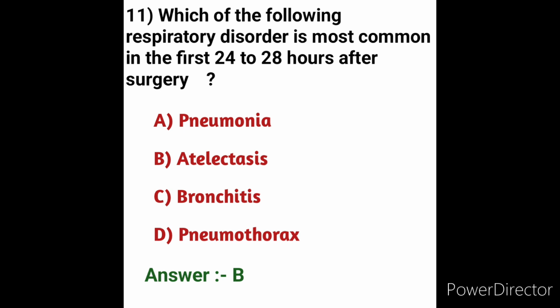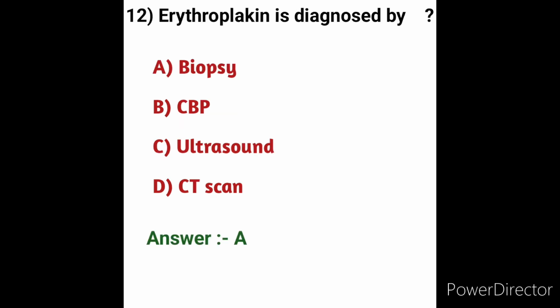Atelectasis develops when there is interference with the normal negative pressure that promotes lung expansion. In the post-operative period, clients should be monitored closely. We have to observe the breathing pattern, because in the post-op period they will feel congestion in the breathing pattern, due to the position of the patient. So here option B is the correct answer. Next we move on to question number 12.